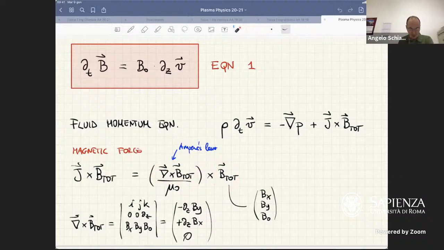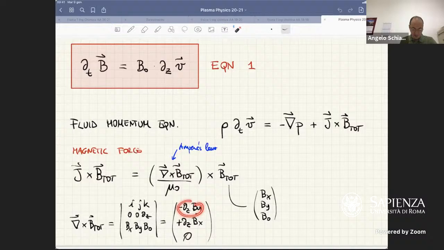So the first task was to compute the curl of B using the usual approach of taking the determinant with the Cramer rule. So we have i, j, k.